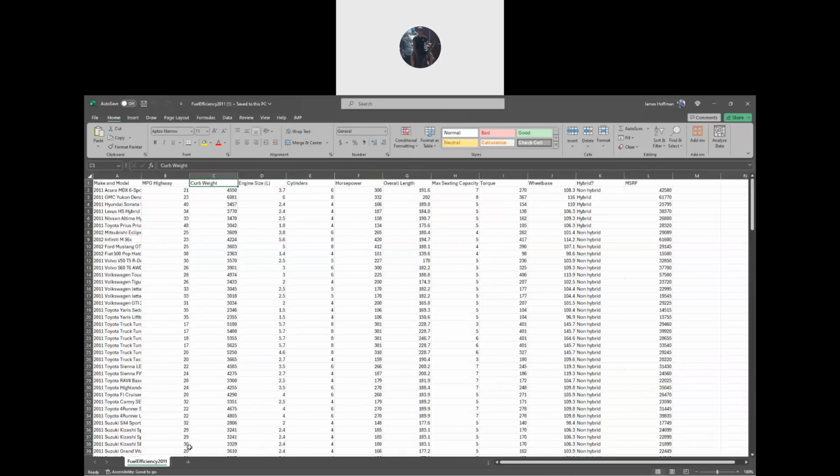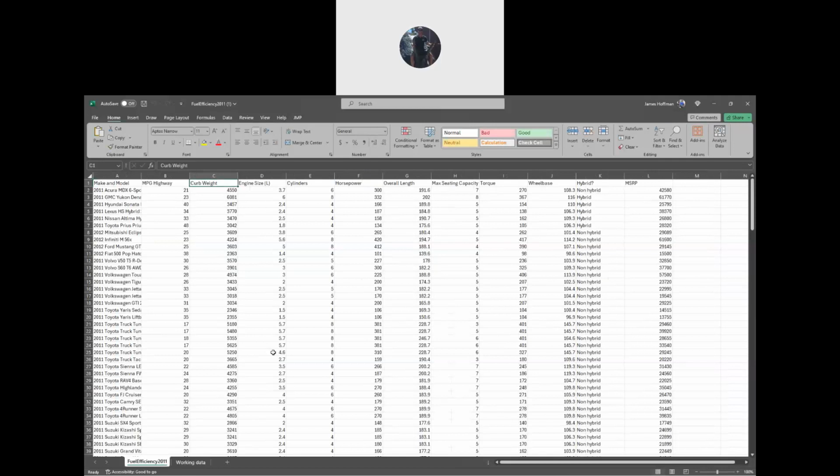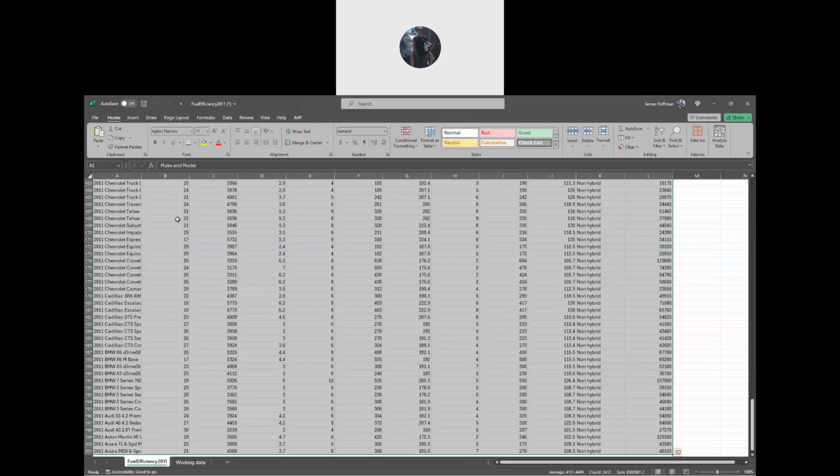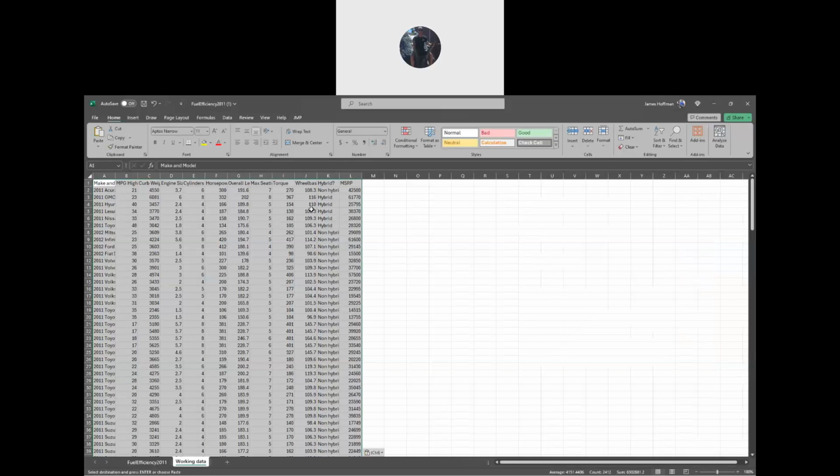Okay, so before I make the same mistake as last time, I'm going to open up a separate tab and call this working data. We leave everything in the original data set, copy and paste it to the other tab, and then modify that. So leave the original data set here just in case you delete something or have to go back. The shortcut to copy and paste the whole section is to click on A1 and hit Control A, then Control C will copy, and you go to your other tab and Control V is paste.